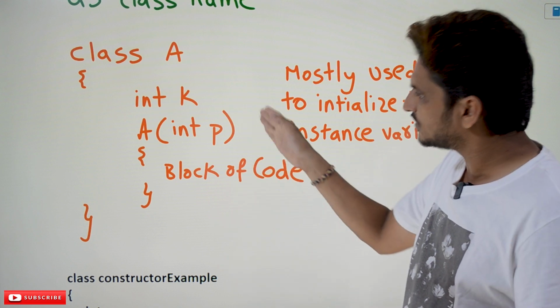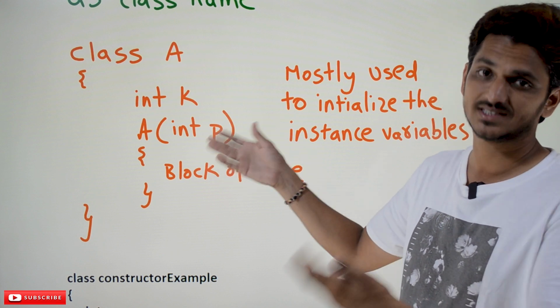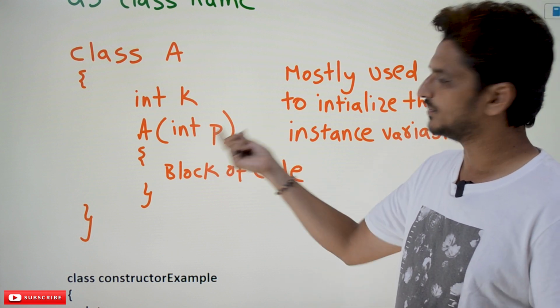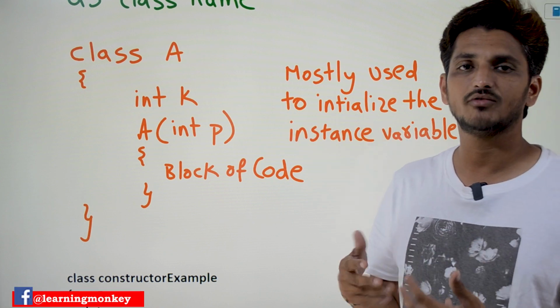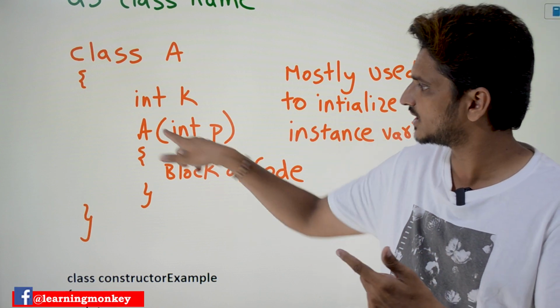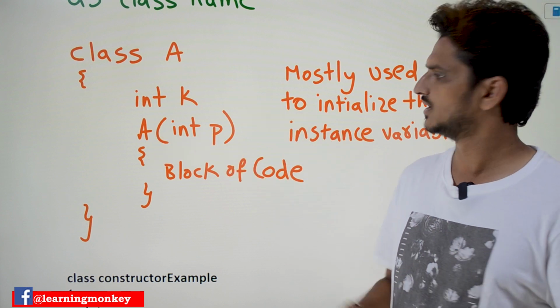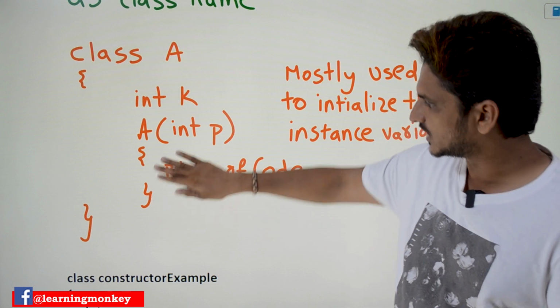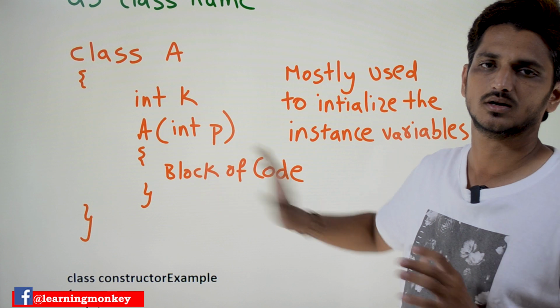You can mention any number of variables and data types here, not only one. For example, int p, int k, int j, any number of variables. Whenever we call the constructor, we need to send the values, similar to methods. Whatever we write between the open and close brackets is the body of the constructor.